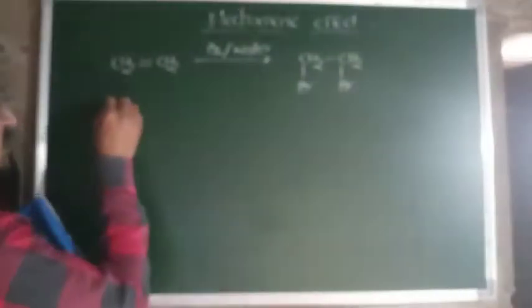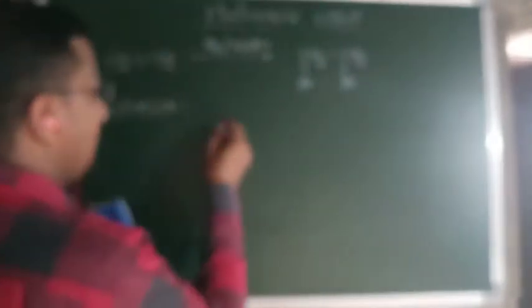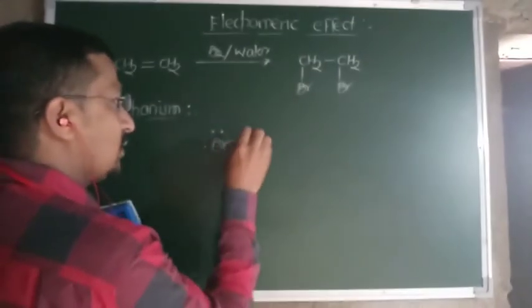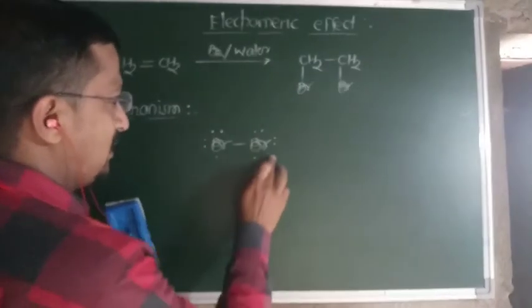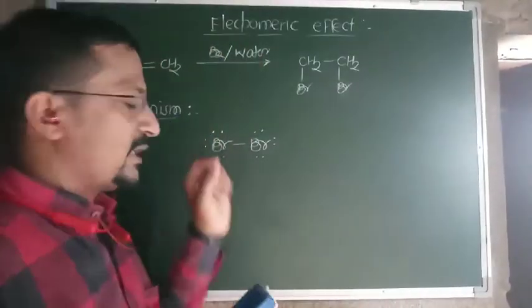As far as the mechanism of this reaction is concerned, what happens? If I write bromine here like this, Br-Br, with lone pairs of electrons on each bromine atom, there are 6 electrons, that is 3 pairs of electrons, on each bromine.